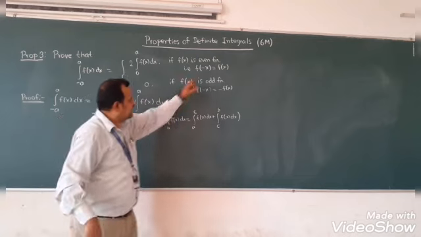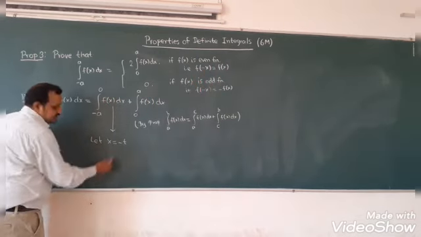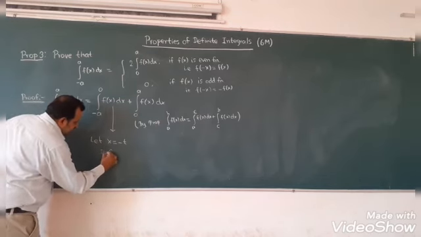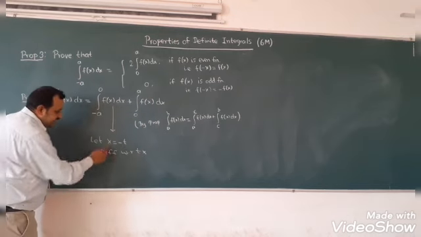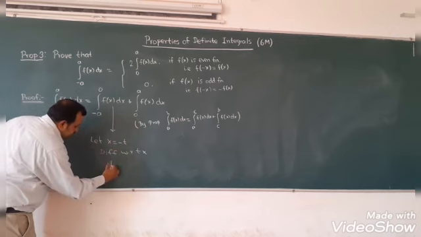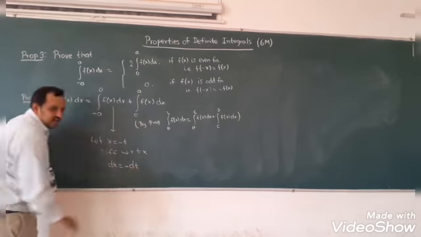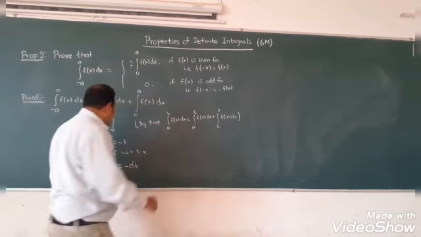Here minus x equal to t, x equal to minus t. Now for dx, differentiate both sides with respect to x. Now writing directly, what will you get here? So 1, so dx is equal to minus dt. Now see here, the moment you do substitution, limits will get changed.